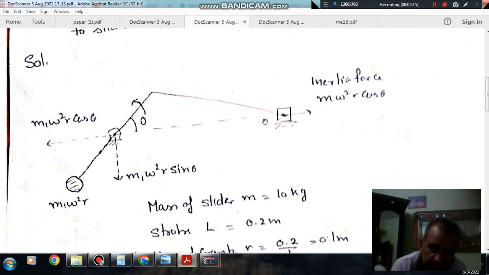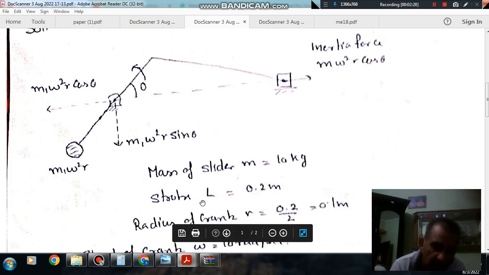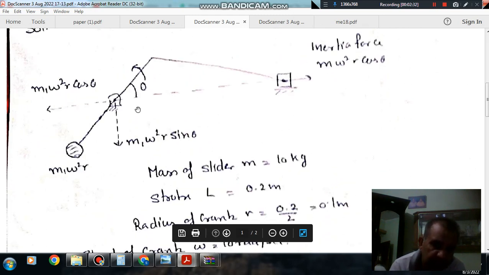Now along the line of the stroke of the slider, the unbalanced force is the difference of these two, m1 omega square r cos theta and m omega square r cos theta. So m is your 10 kg and r is half of the length of the stroke, that is 0.1 meter, and theta is 30 degrees.